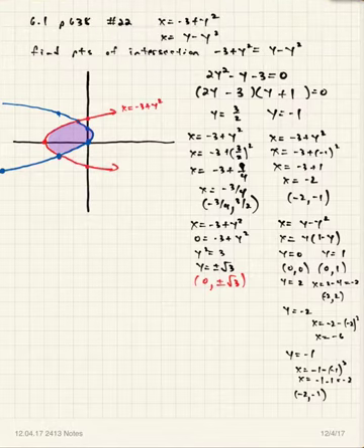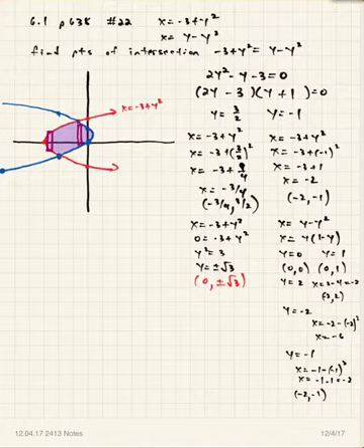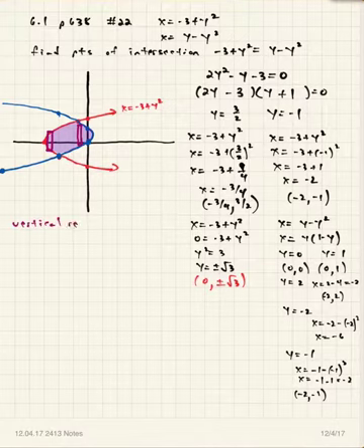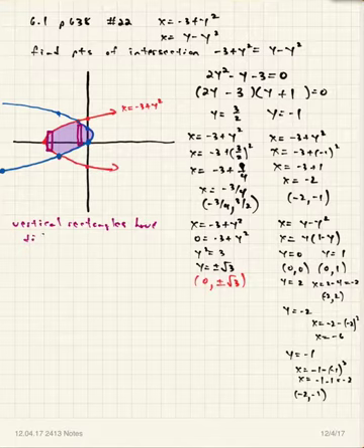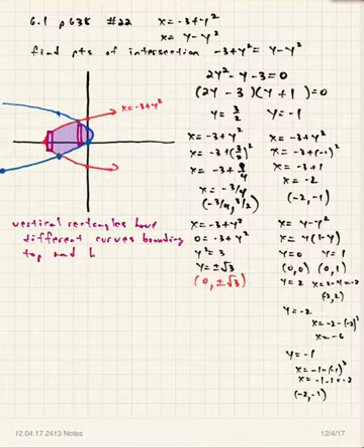I'm drawing vertical rectangles now, so if you draw a vertical rectangle over here and a vertical rectangle over here, notice that those two rectangles have different curves bounding the top and the bottom. That's a problem.